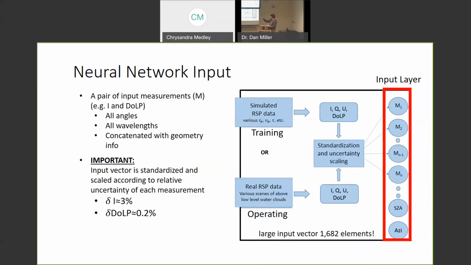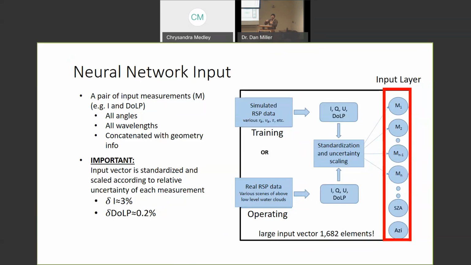And that is that for total reflectances, your order of magnitude is between 0 and 1, and it tends to be 0.1-ish on that order of magnitude. But degree of linear polarization is 0.001 scale. It's a very small magnitude. And then to top that, the uncertainty in total reflectance is large. It's on the order of 3%. And degree of linear polarization is an order of magnitude lower than that.